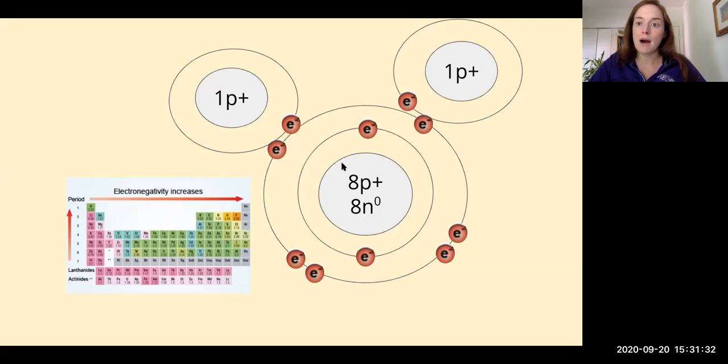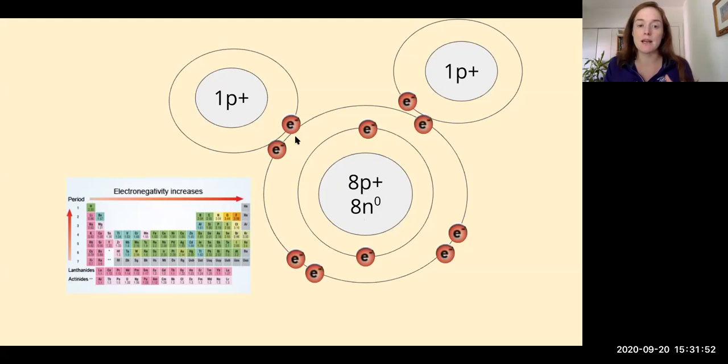So when you think about that opposite charges attract, these 8 protons in oxygen's nucleus are more able to pull the electrons towards it, the oxygen atom, than the 1 proton in hydrogen is able to pull electrons towards it.